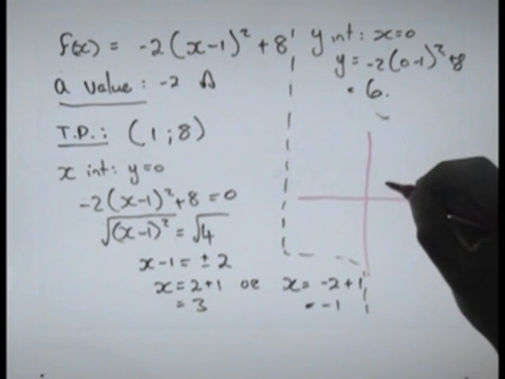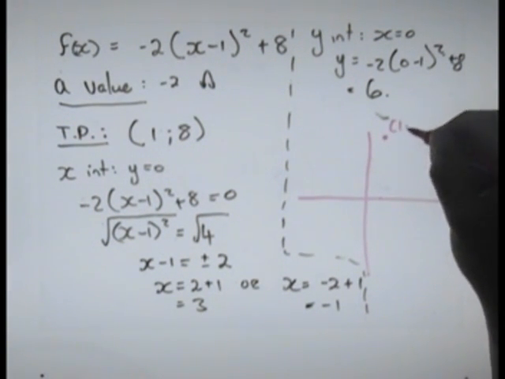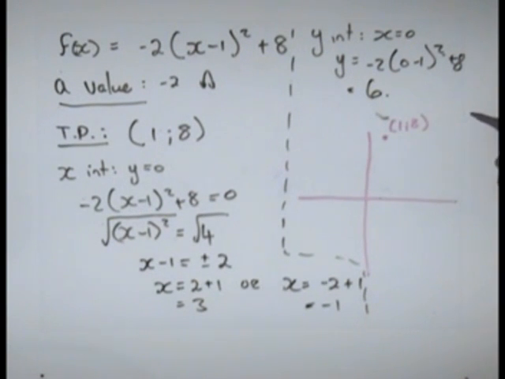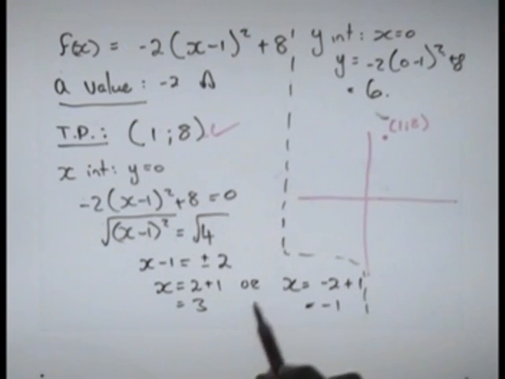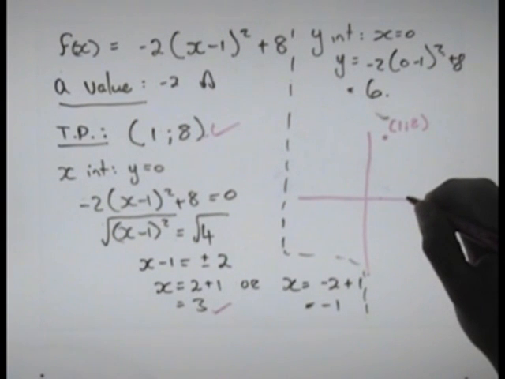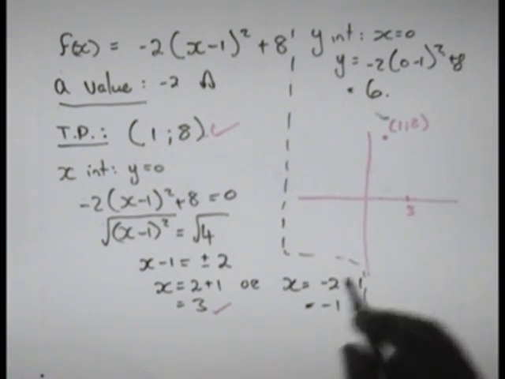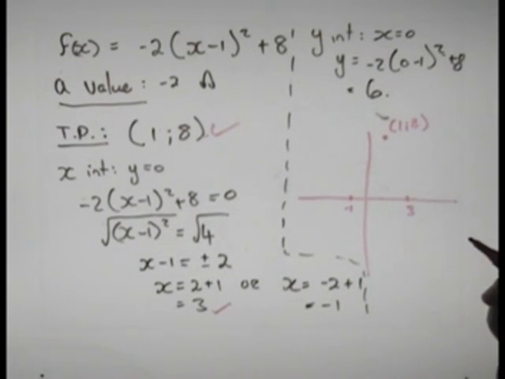Firstly, the turning point is x is equal to 1, y is equal to 8. That's going to be somewhere over there. That's my turning point. My x-intercepts, one x-intercept is going to be at 3, which is going to be over here. My other x-intercept is at negative 1, which is over there.